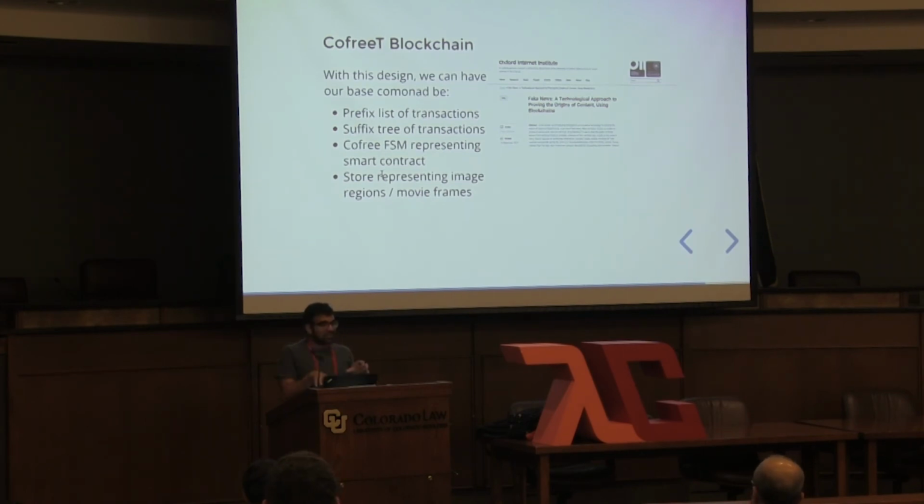And so if we have our base comonad be a store, using the store comonad, which stores image regions, we can store image regions on the blockchain and have them verified.